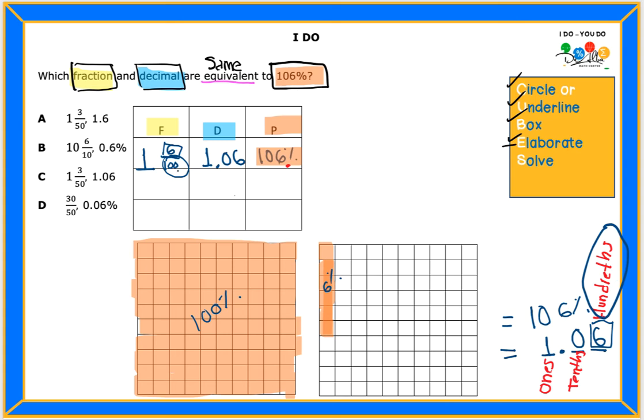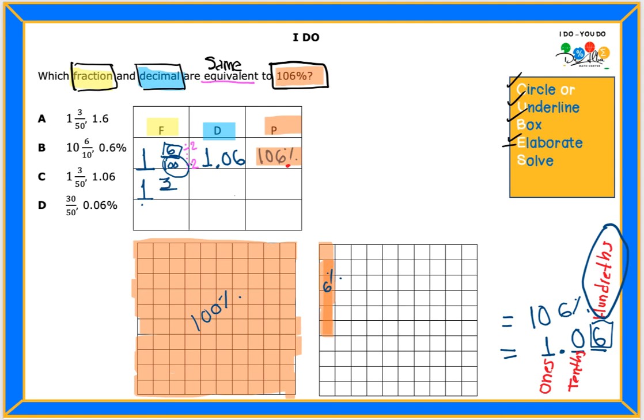Now also remember we talked about simplifying the fractions. So that's what we're going to do next. So right here I will have 1 and 6 over 100. And I'm going to see if I can divide this by 2 and divide this by 2. And the 1 stays the same. 6 divided by 2, that's going to be what? 3.